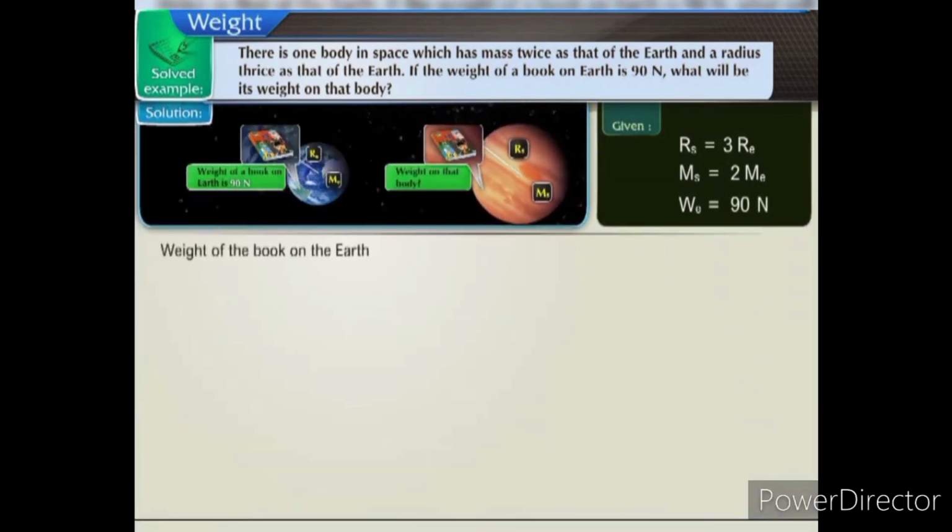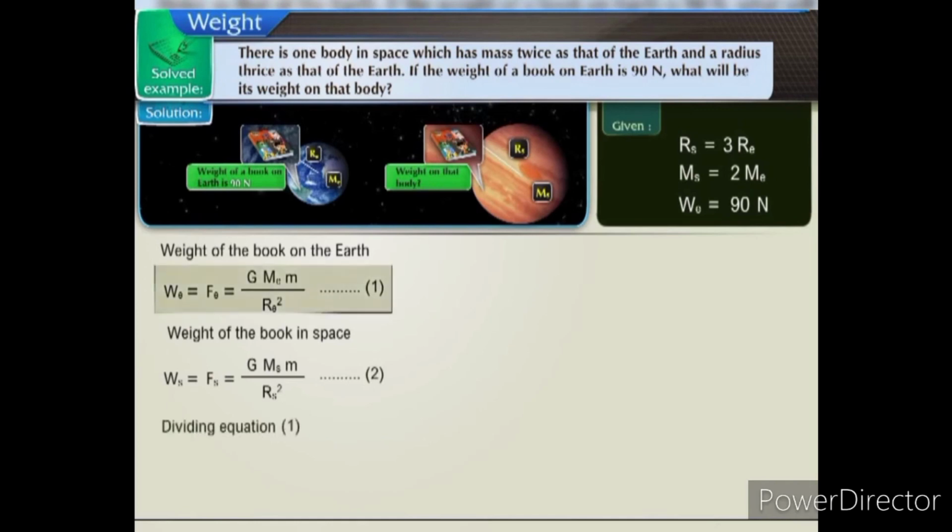Weight of the book on earth, We is equal to Fe is equal to G into Me into m upon Re square. 1. Weight of the book on the body in space, Ws is equal to Fs is equal to G into Ms into m upon Rs square. 2.